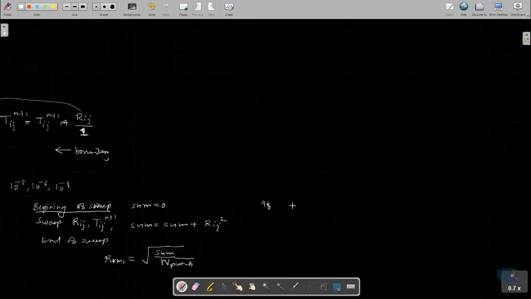And see if RRMS is greater than epsilon, it means we have not reached the solution. So go to the beginning of the sweep.